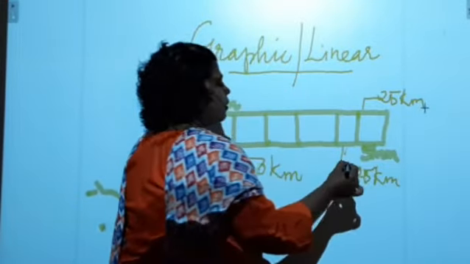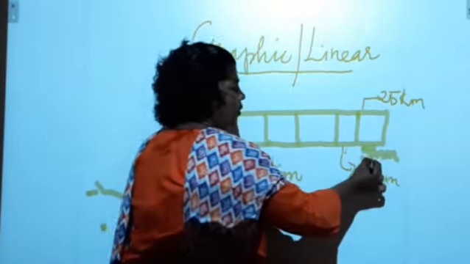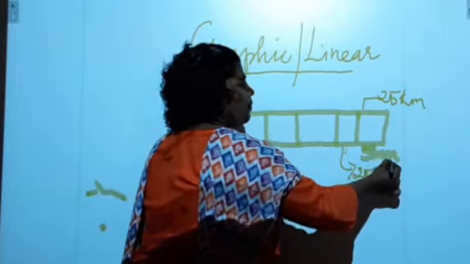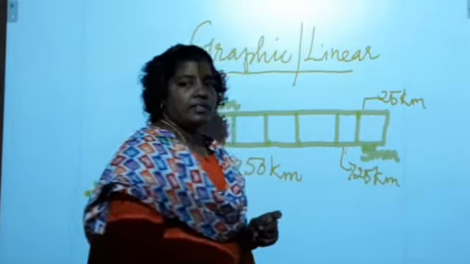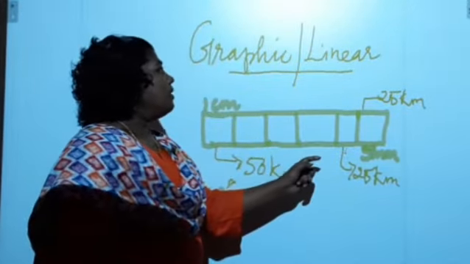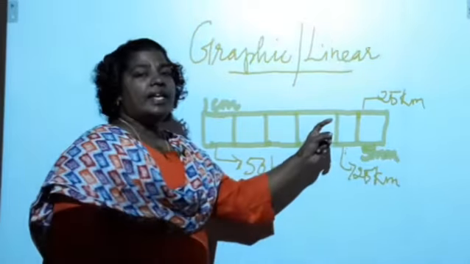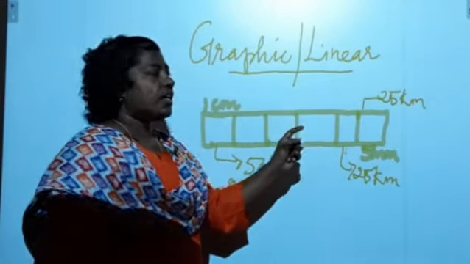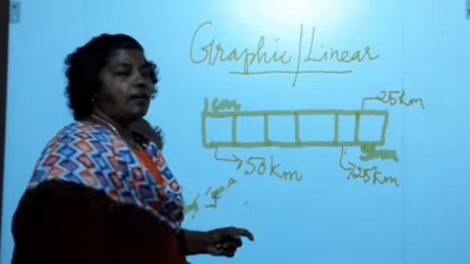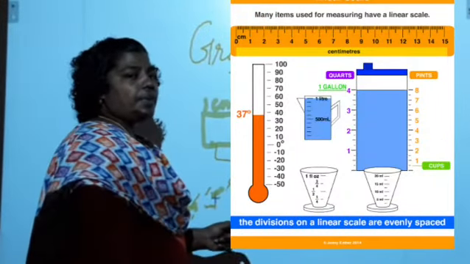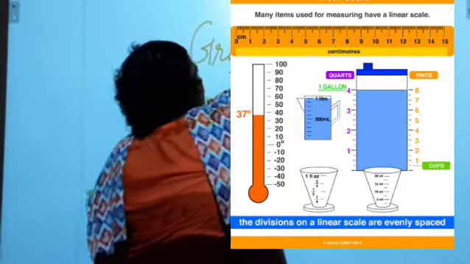How is it noted on a map? It is not noted like 5 millimeters. Did you understand, children? This is the graphic or linear scale. Did you understand? And the third scale you are going to see is representative fraction.